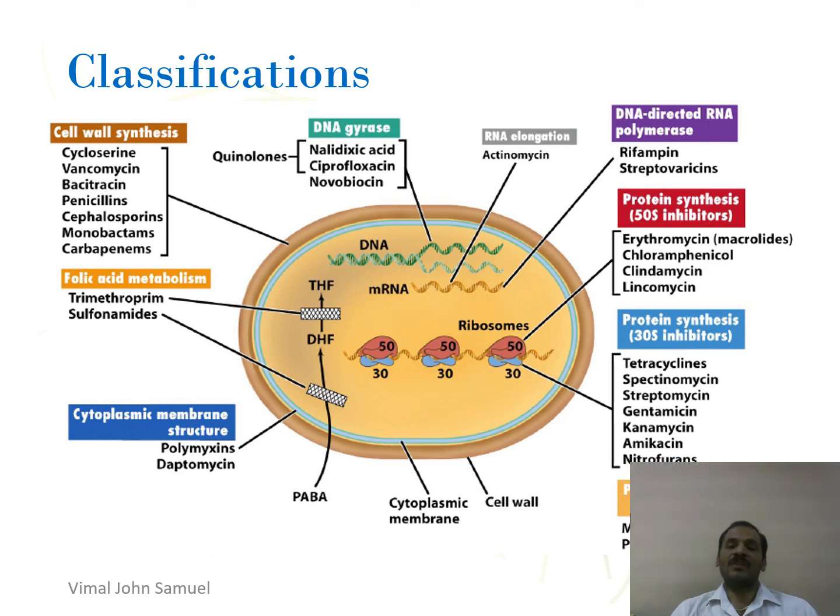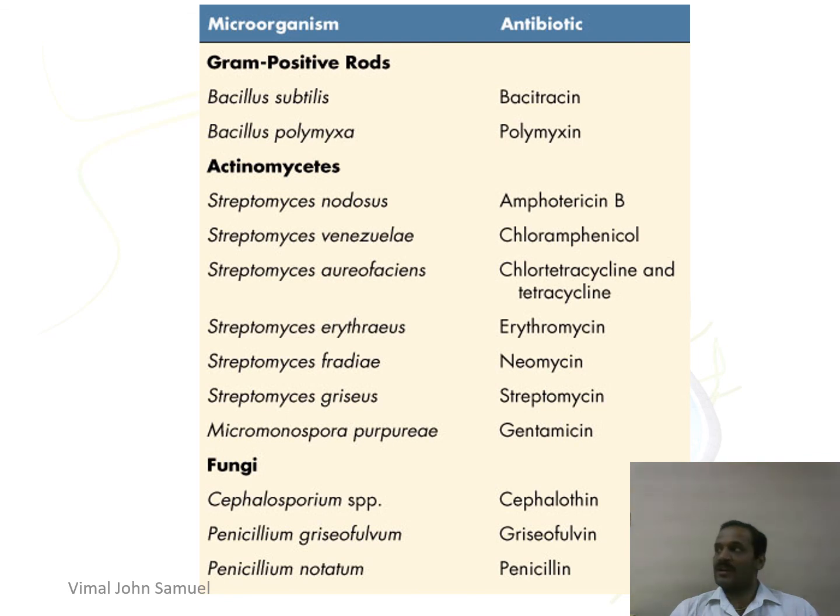Many of the macrolide antibiotics are considered protein synthesis inhibitors. Here I am giving just an outline of a few antibiotics isolated from various microorganism sources, and this is a list of a few of the known antibiotics.